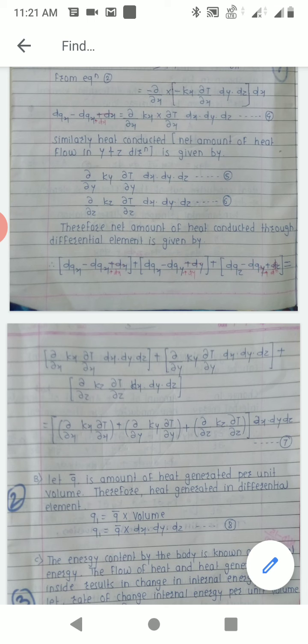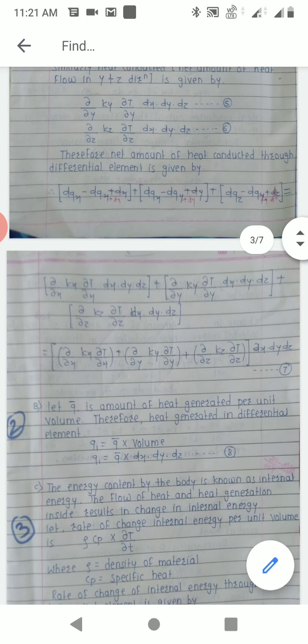So our first part is over. We applied Fourier's law and the principle of differentiation, and found the net amount of heat flow from that element. Now second, let q bar be the amount of heat generated per unit volume.